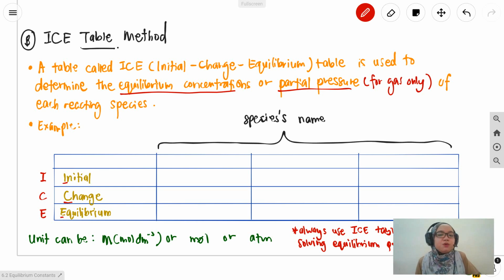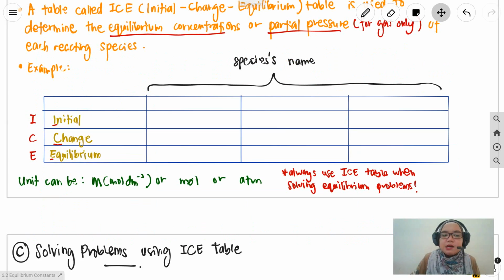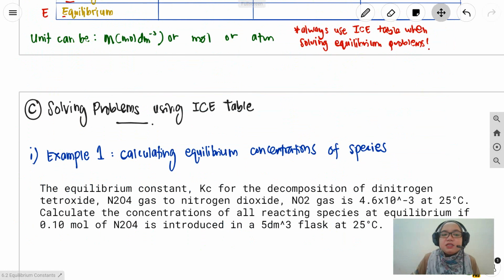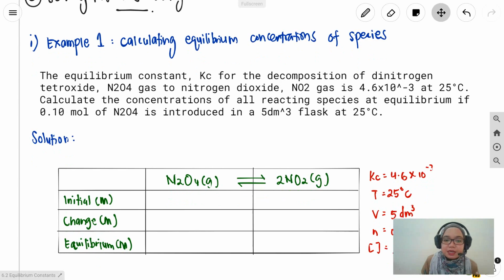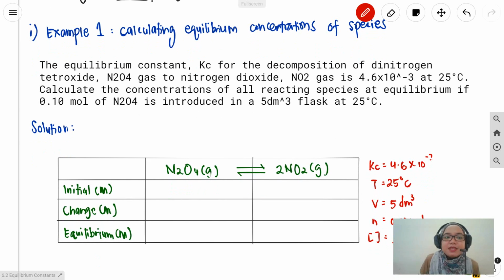So now we are going to try solving problems using the ICE table. The first example that I'm going to show you is an example on calculating equilibrium concentration. Let's read the question.